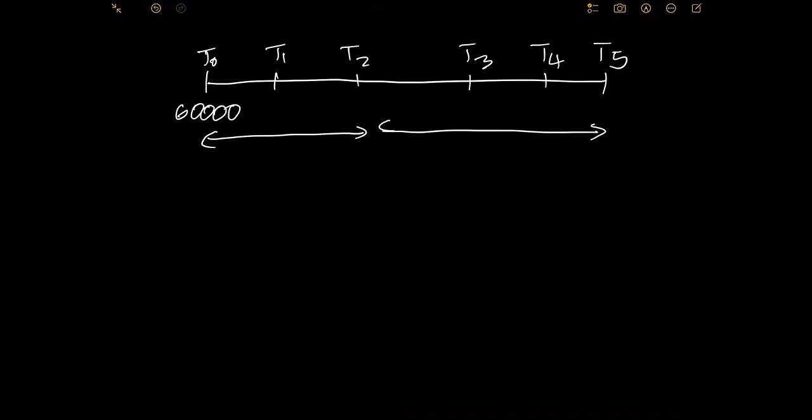Now, if we were to apply a different interest rate here, let's say 9%, and a different interest rate between year 2 till year 5, it's easier for us to summarize that data in a timeline so that you can see the different rates that are applicable.